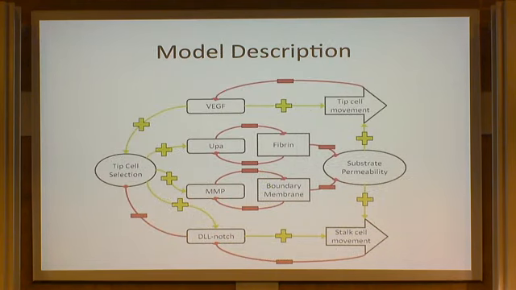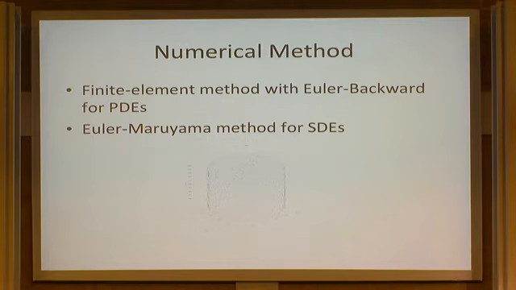So we have this kind of model description. So this is actually the description of the model. So I think it's sufficiently complicated in a certain sense. And so you can link all these things. We actually just wrote down the paper, so this is quite new work. So we did some finite element simulation. We had this model for the cells that are moving around, by the use of these stochastic differential equations.